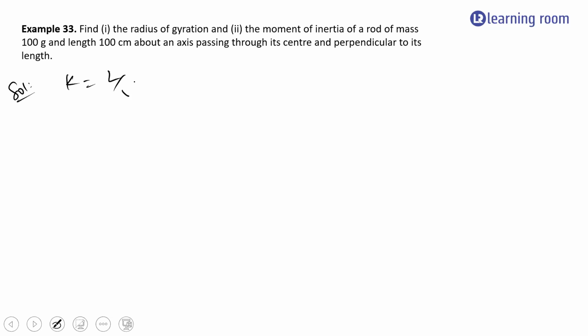So K is equal to L by root 12. L is 100 into 10 power minus 2 divided by root 12.